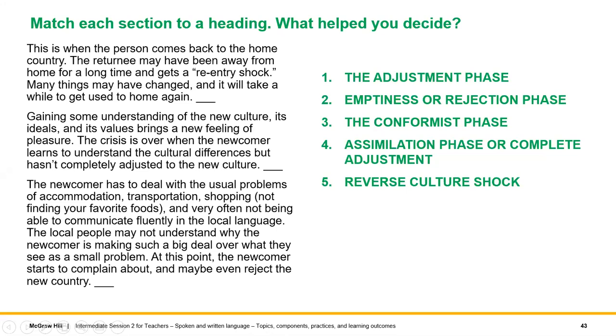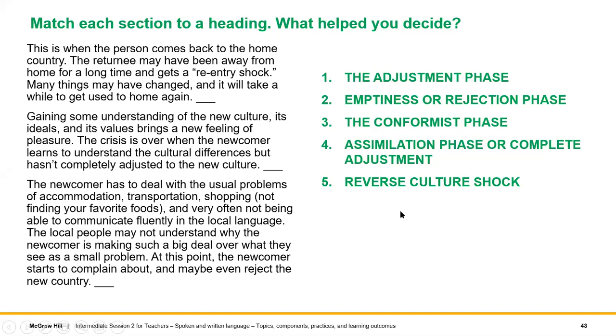Okay, you've all kind of answered. You've answered 5 for which one? 5 is the first one, so it's reverse culture shock. That's this one, yeah? What about the next one? You think this is 3, the conformist phase? You think it's 1, the adjustment phase?